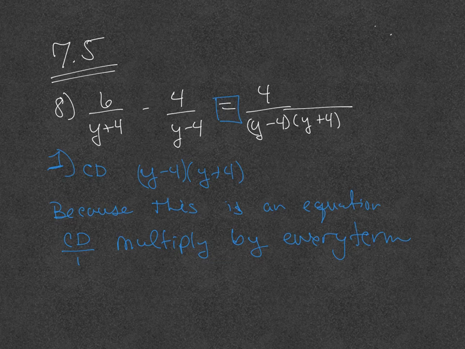The reason I do this is for the sole purpose of being able to cancel this out. So I multiply this by y minus 4 times y plus 4.